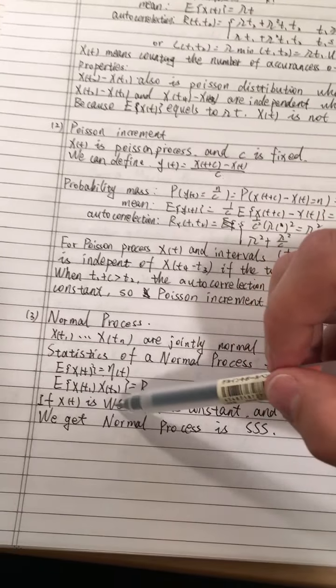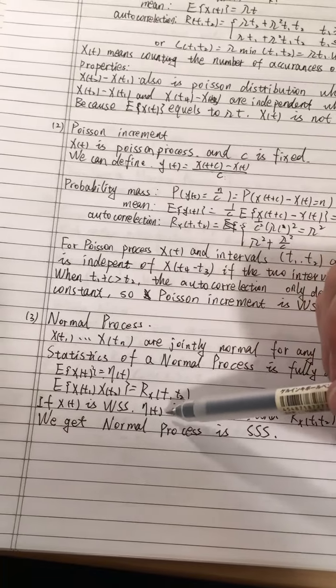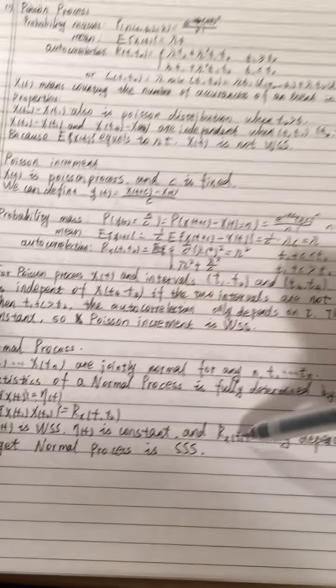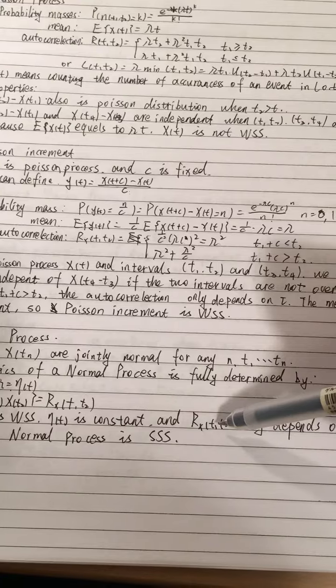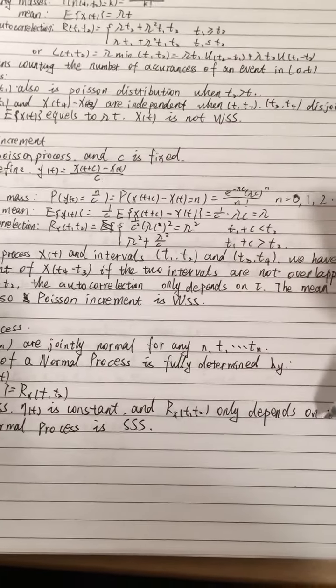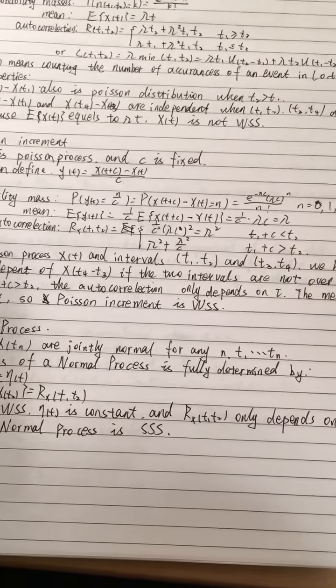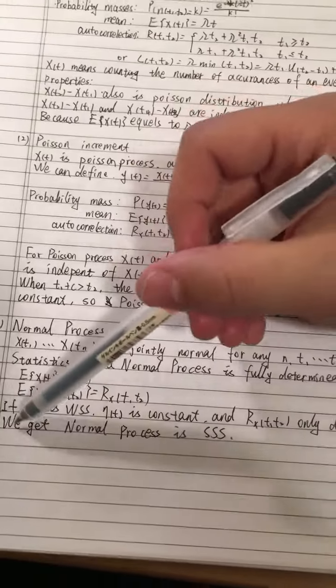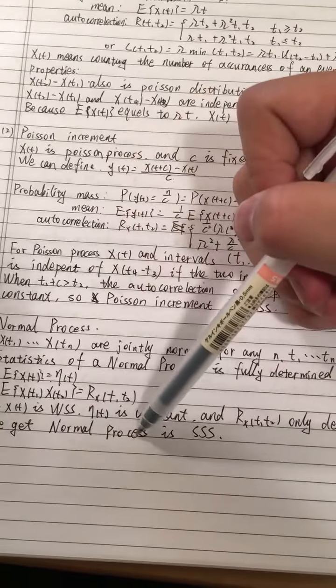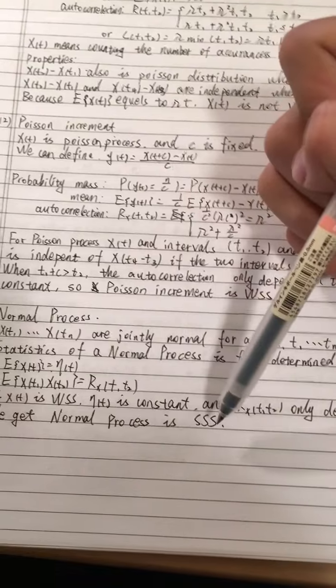If X(t) is WSS, so mu is constant, and R_X(t1, t2) only depends on tau equals t1 minus t2. So we can get that a normal process is SSS.